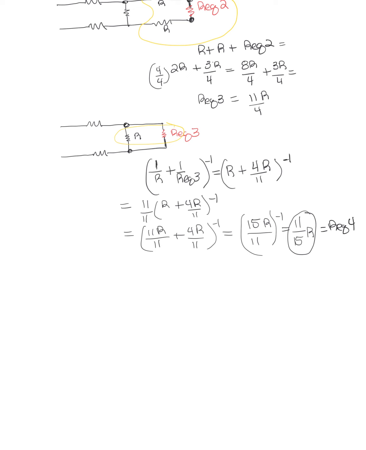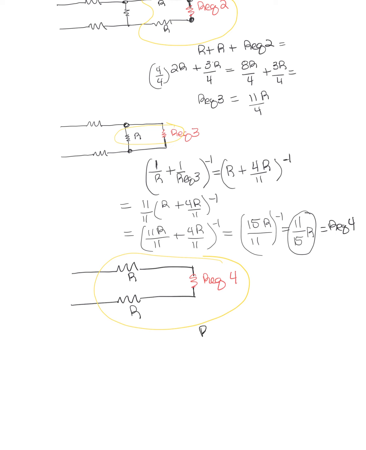Now we need to redraw our circuit. So we're going to go like this. And now you just have this. This is going to be our REQ4. And these are still with a value of R. And now we're just going to add our last piece.